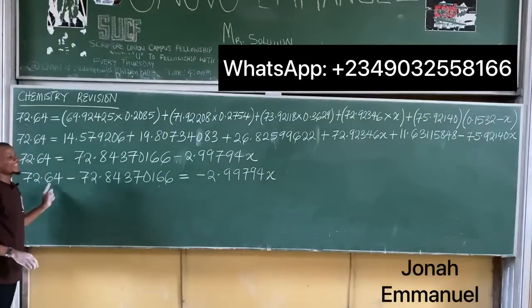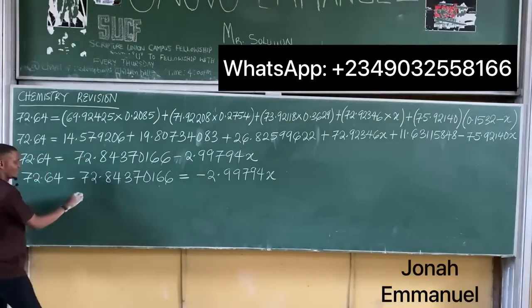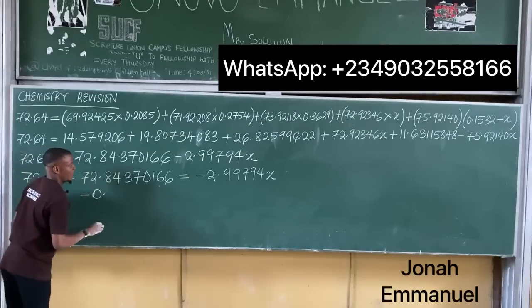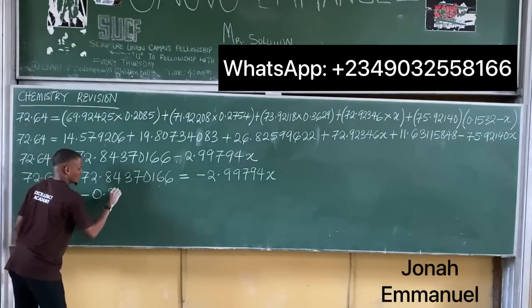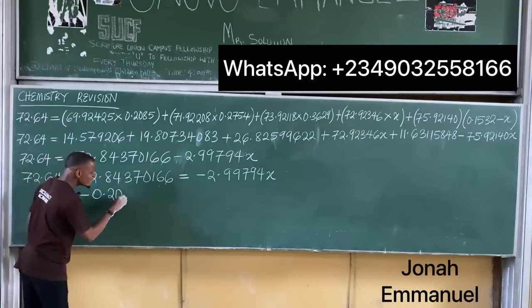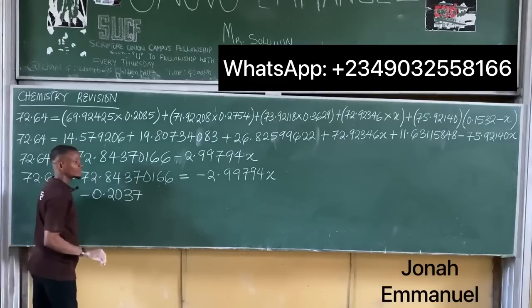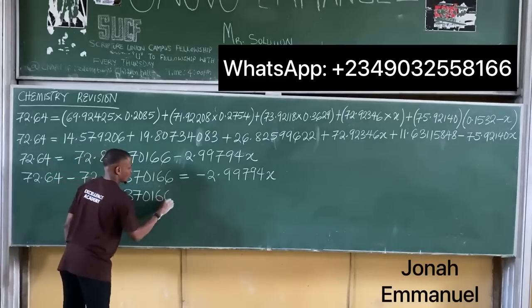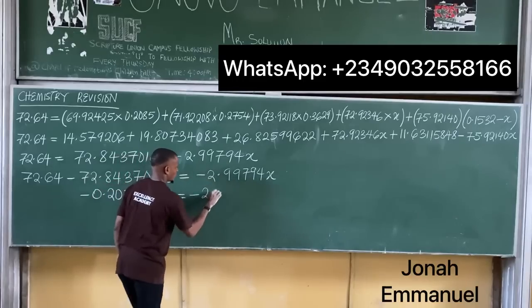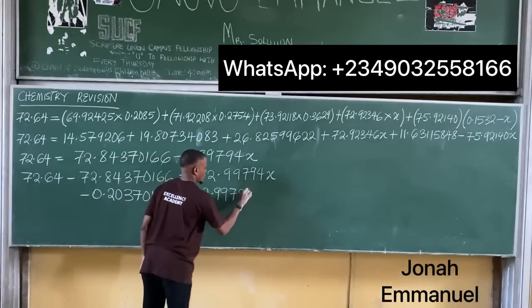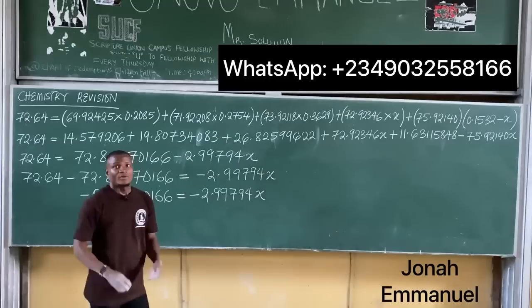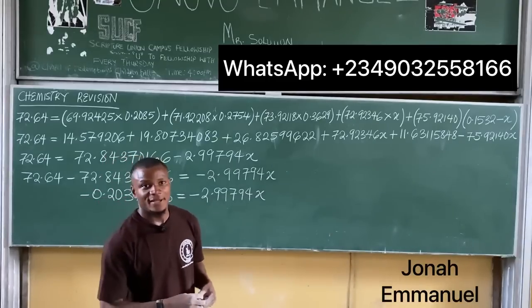Subtract this. What do you have? 0.2037 is equal to, alright, so we can easily find x here.